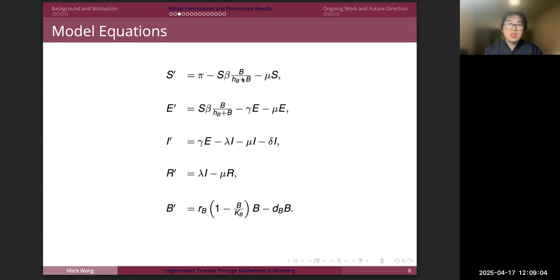What this is doing is scaling the likelihood of actually getting Legionnaires' after interacting with the bacteria in the environment. That's what this B over (H_B plus B) scaling term is. We also wanted to note that in the pathogen class, we have this logistic growth alongside a decay term, d_B times B.